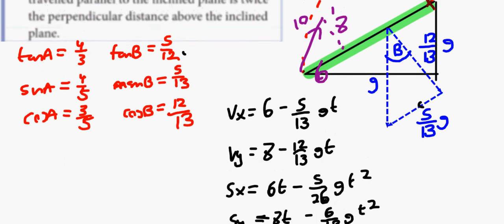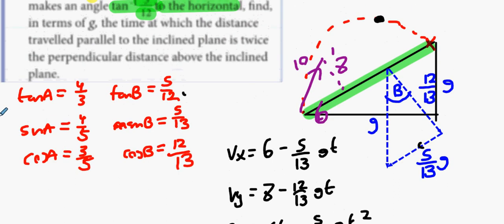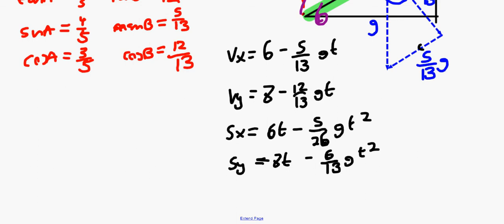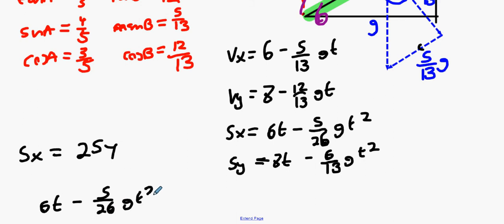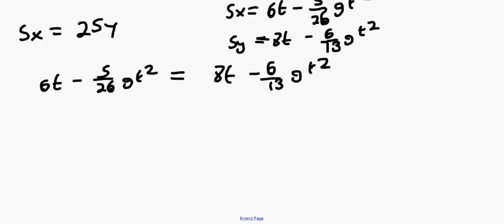Now, we need Sx and Sy, but we know that Sx equals 2Sy. So 6t minus 5 over 26 gt squared equals 8t minus 6 over 13 gt squared. What's 6 over 13 take away 5 over 26?